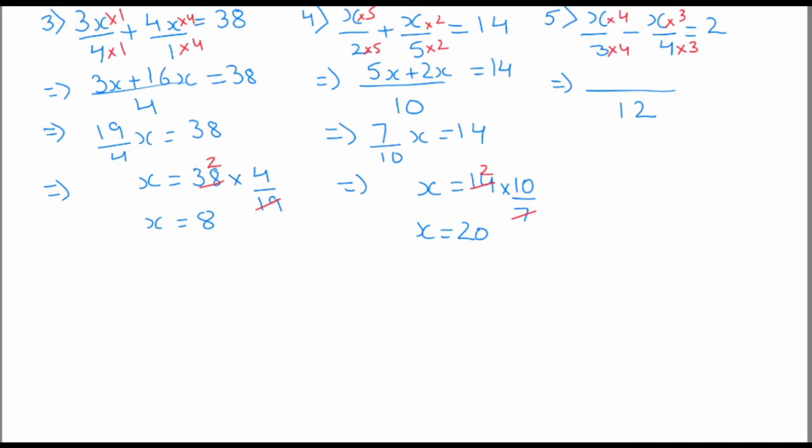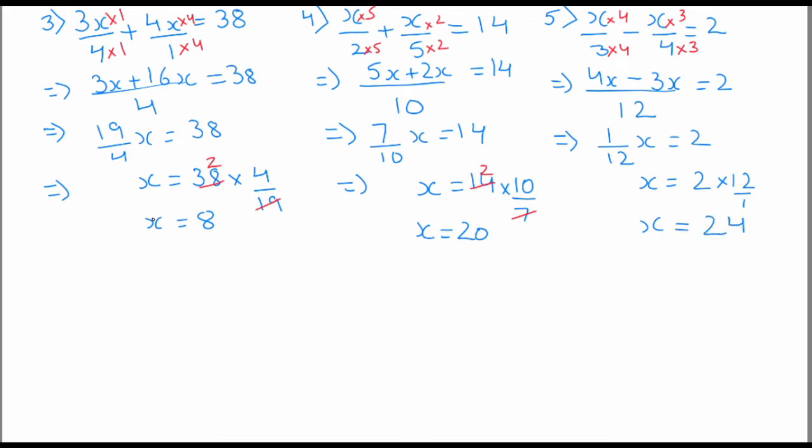And the numerator will be 4x, plus, it is negative, 3x. 4x minus 3x is equal to 2. 4 minus 3 is 1, over 12, x is equal to 2. x will be 2 multiplied with 12 by 1. 1 won't be considered. So x will be 24.